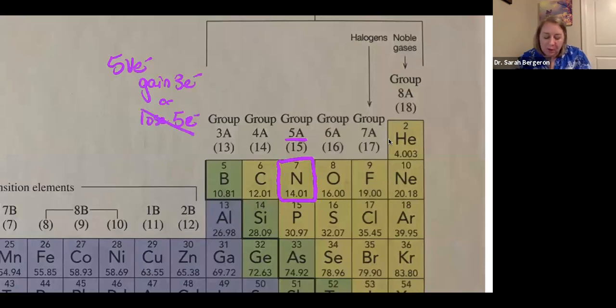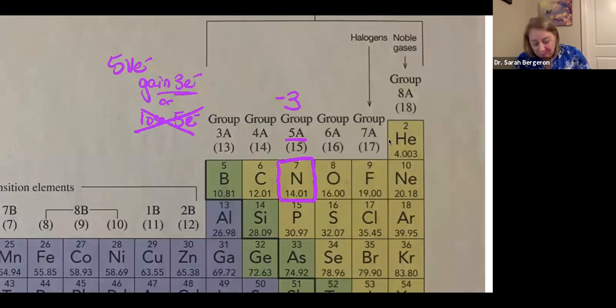It takes so much more energy to lose 5 electrons than to gain 3. Remember, we want to do the least amount of effort to get what we want. And so that's what these atoms are doing. So this atom's going to gain 3 electrons. If you have 3 more electrons than protons, now you have an overall charge of -3. So let me put that over our group, -3.